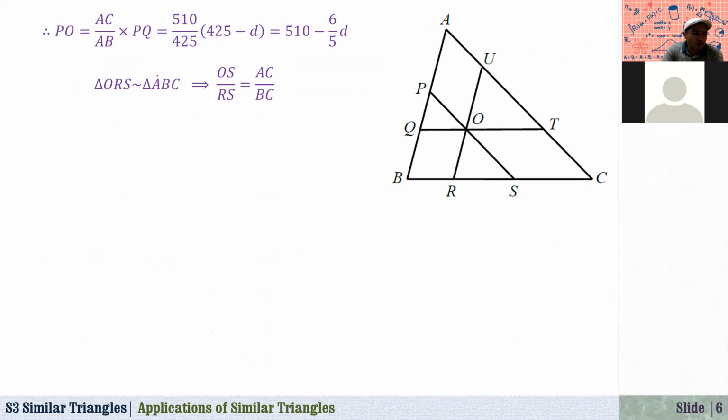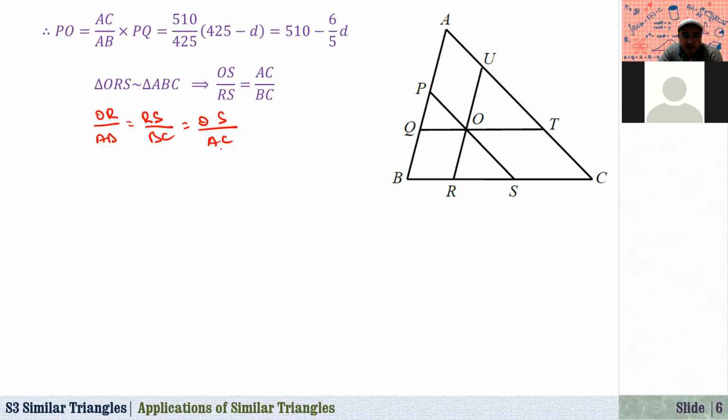In a similar way, ORS is similar to triangle ABC, which means OR over AB is equal to RS over BC equals OS over AC.